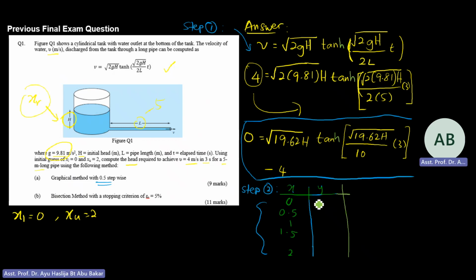What do you get for y at x equals 0? Negative 4.